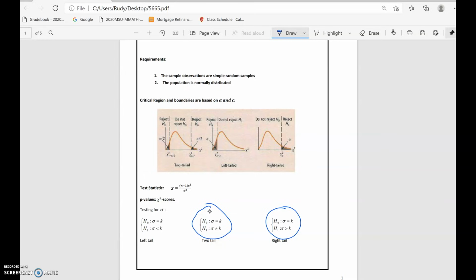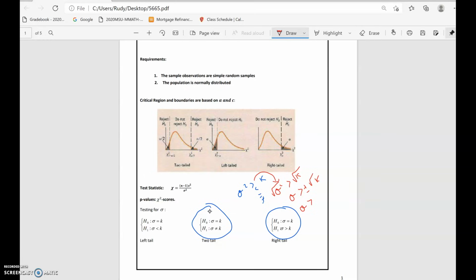So if you're given a problem that sigma squared is greater than, less than, equal, or not equal to a value of k, we would actually take the square root of both sides. So basically sigma, after you take the square root, if it says greater than k, you're going to end up with sigma greater than plus or minus the square root of k.